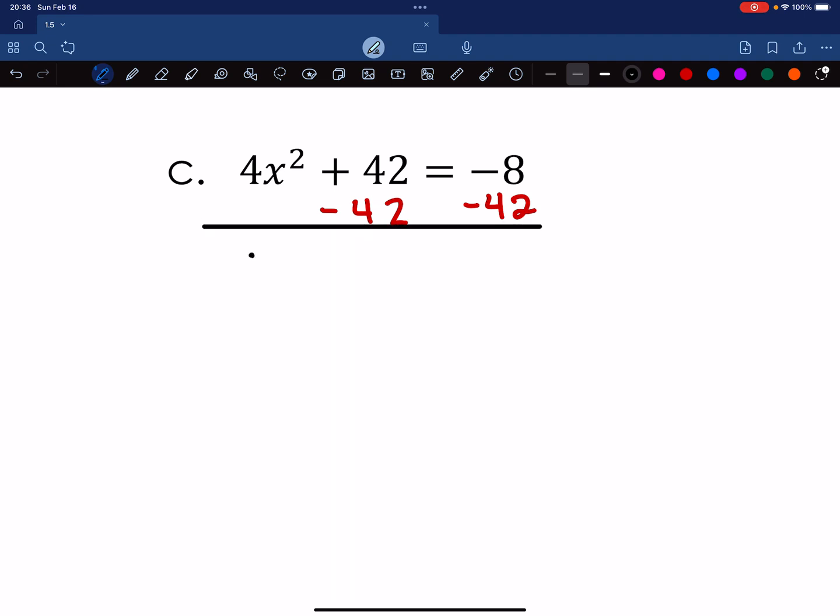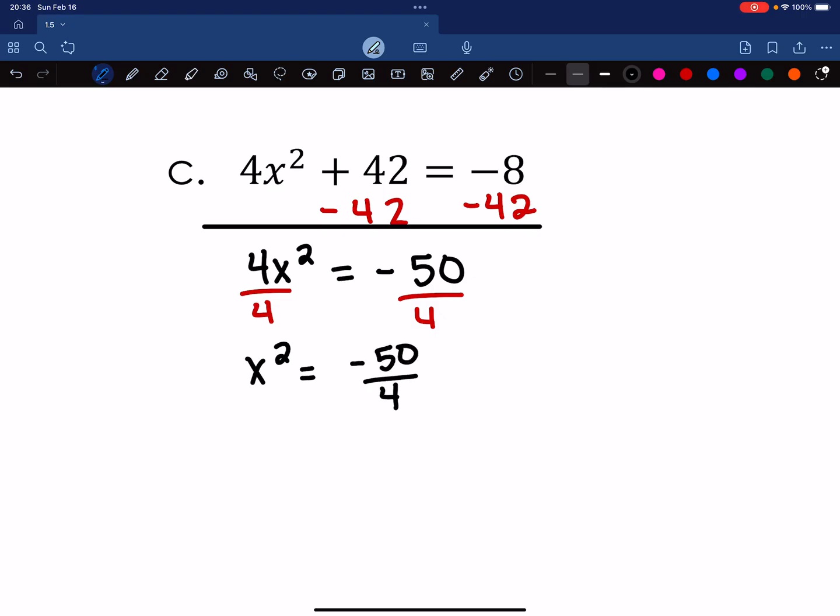That would give us 4x squared equal to -50. And then we're going to divide both sides by 4. And so when we do that, we get x squared equal, I'm going to leave it as -50 over 4. And so now that x squared is by itself, we can square root both sides.